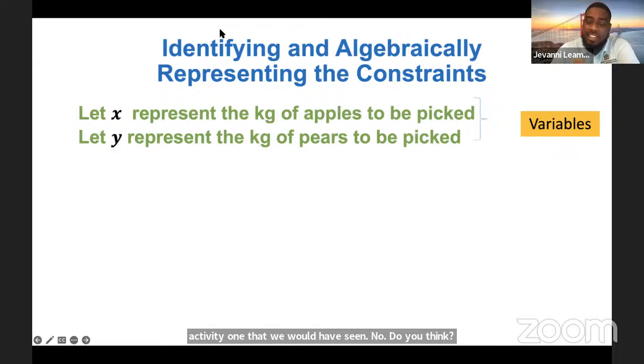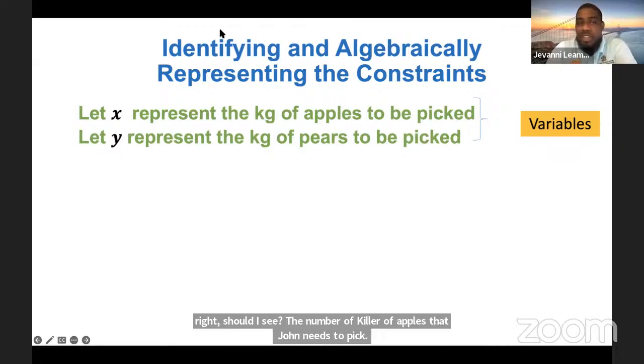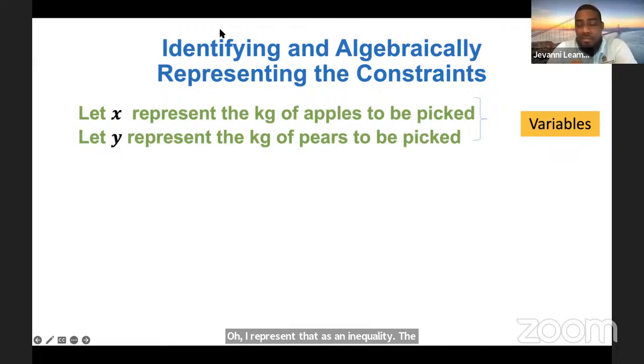The number of kilograms of apples that John needs to pick, how would I represent that as an inequality?